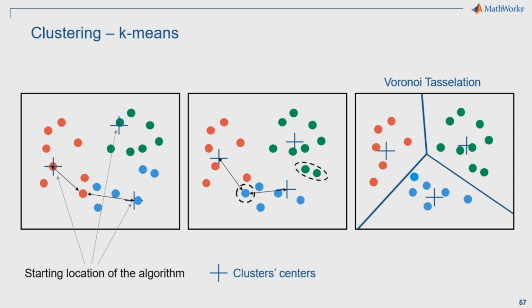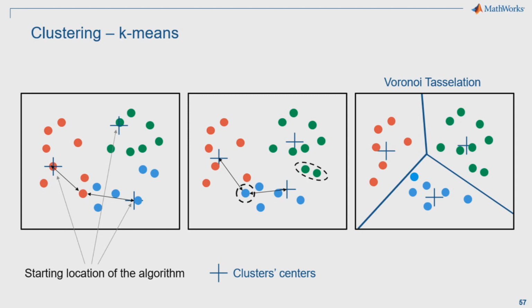In the second image, you can see, for instance, that the two green dots were closer to the green centroid with respect to the blue one, and then they change assignment from the first to the second picture.